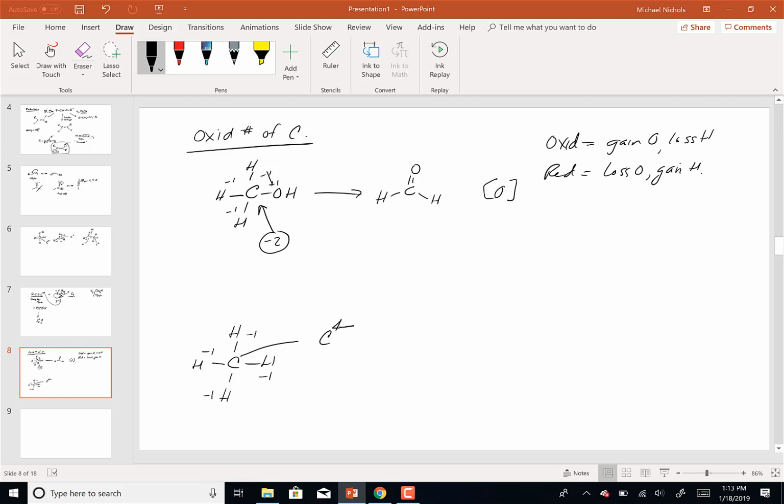So we've got 3 -1s and 1 +1. So that's -2. The negative and positive signs take a little bit of time to get completely used to.